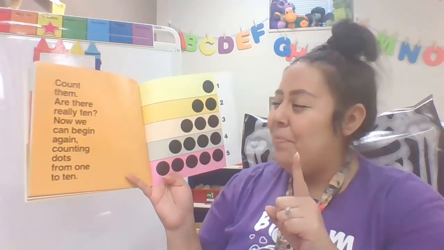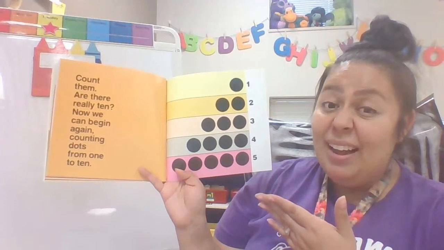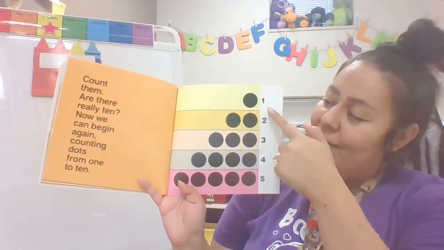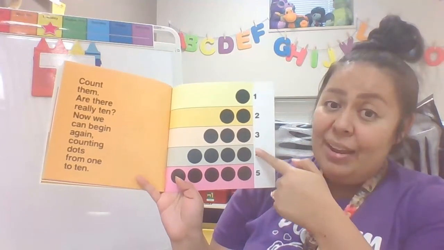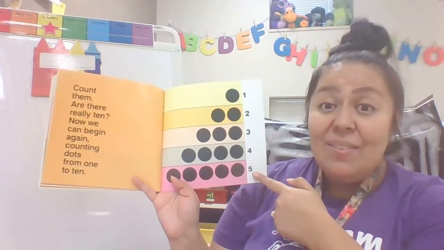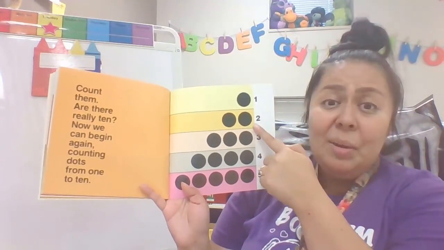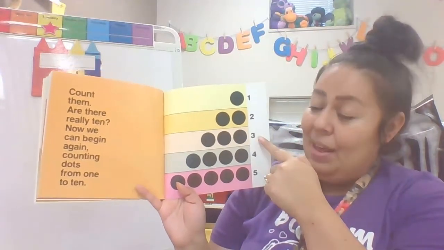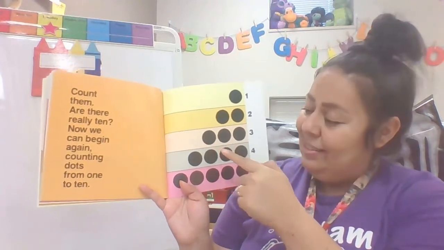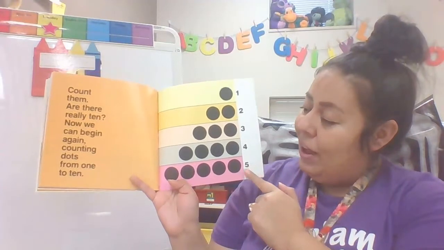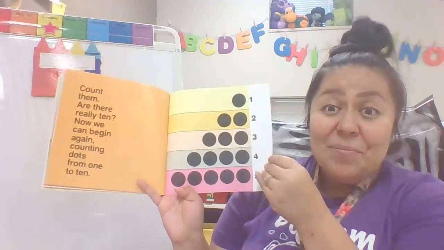So let's count them. Here are some dots, and there's even numbers beside them. 1, 2, 3, 4, 5. Number 1 has 1 dot. Number 2 has 2 dots. Number 3 has 3 dots. Number 4 has 4 dots. And number 5 has 5 dots.